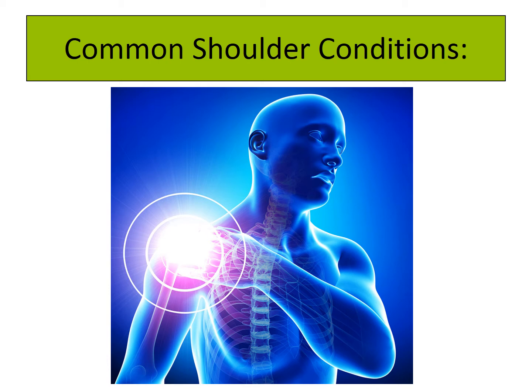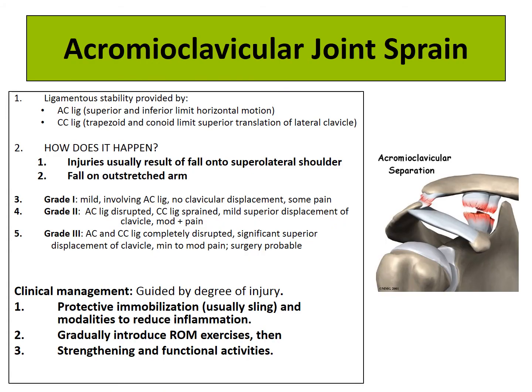We will now discuss some common shoulder conditions and clinical interventions. Acromioclavicular joint sprains involve the AC, or acromioclavicular ligament, and the coracoclavicular ligaments.